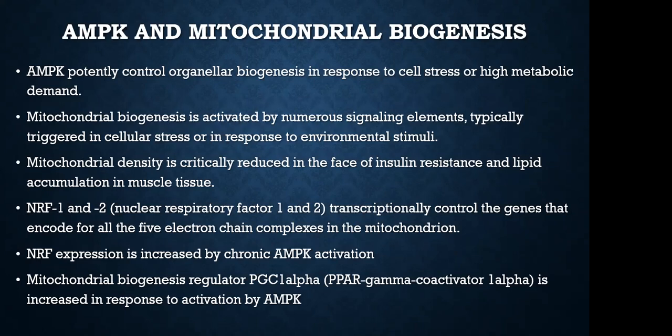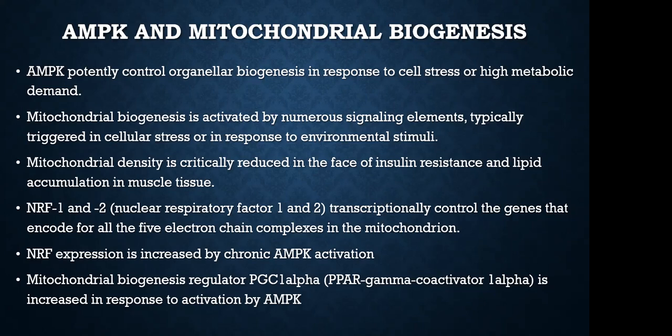Then you have AMPK and mitochondrial biogenesis, which obviously we want, for our mitochondria to be healthy and as many of them as possible within a cell, to increase mitochondrial activity and also support the health and repair of the cell.